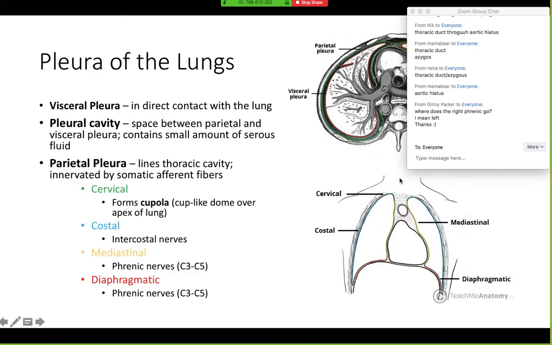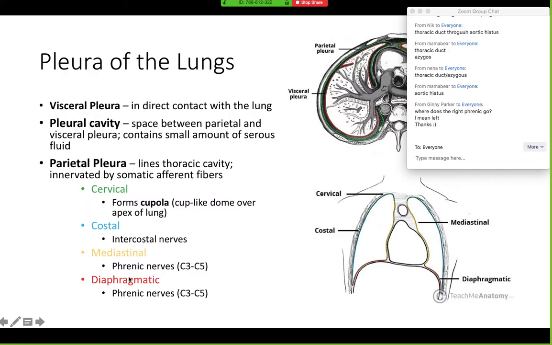Then also you want to know up here is cervical pleura, costal pleura. So costal means ribs. So like lining along the surface of the ribs is your costal pleura. Mediastinal pleura is near the mediastinum, and then diaphragmatic pleura, of course, along the diaphragm.